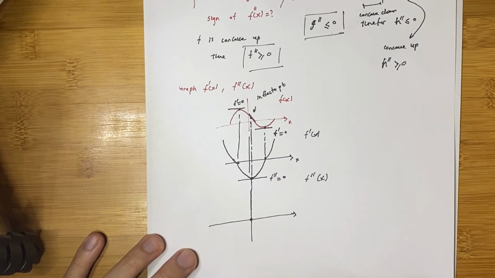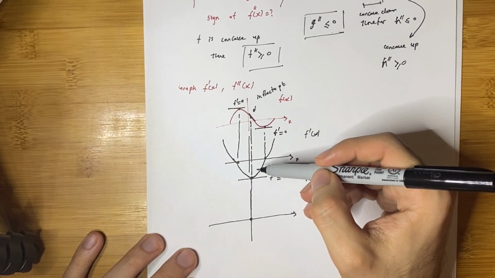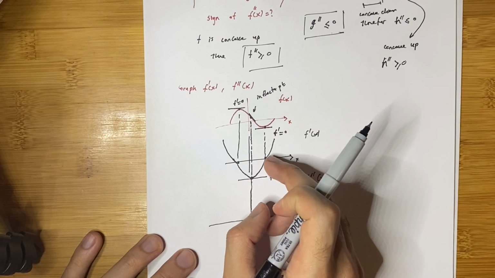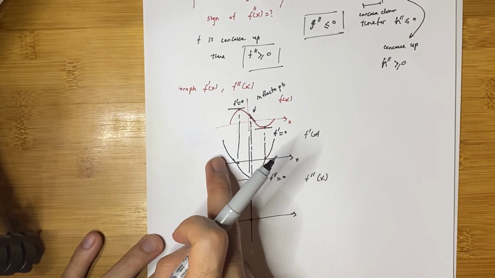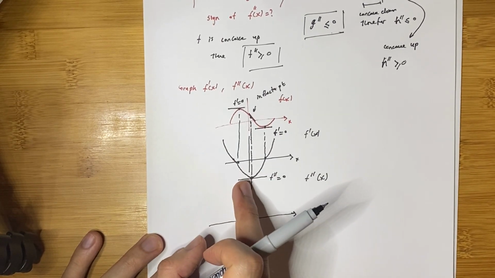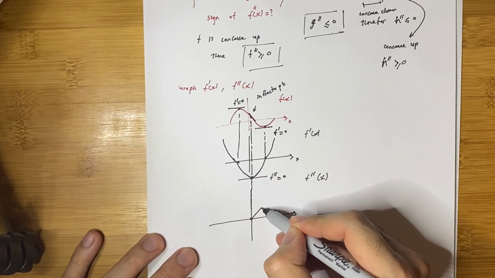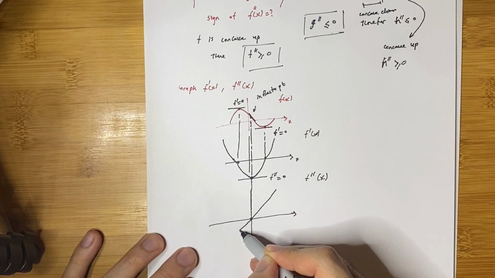And then what we have is that here the slope is increasing and here the slope is decreasing, but these are symmetric, so the graph will be something like this.